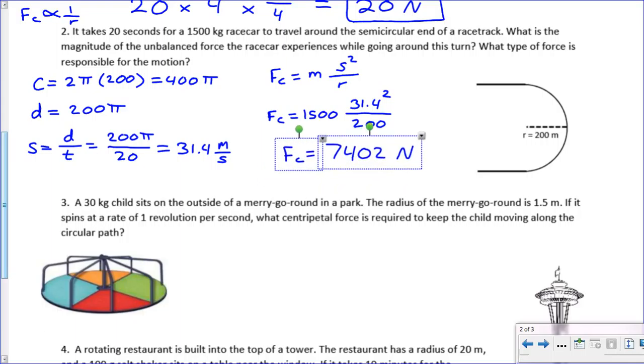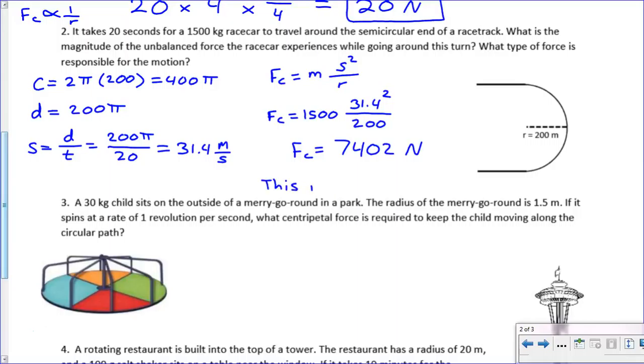The last thing it asks is what sort of force this is. A concept from this is that anytime a car is driving down the road or turning around a corner, the force that is moving the car the way it is, is a friction force between the tires of the car and the road. So we have to keep in mind that this is a friction force.